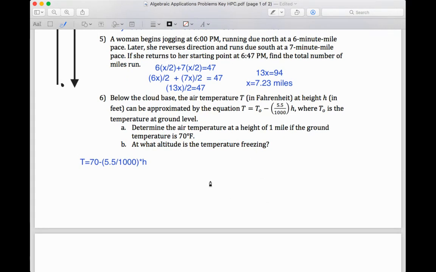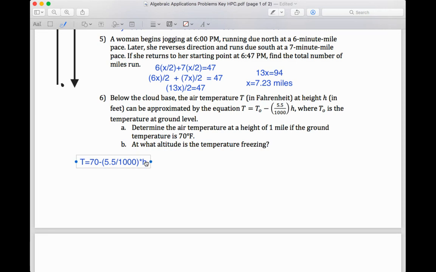Problem number 6 gave us an equation for calculating the air temperature given certain information like the ground temperature and the altitude. So part A is telling us to determine the air temperature T at a height of 1 mile if the ground temperature is 70. So what I did is I took that equation it gave us and I put in 70 for the ground temperature because that's not going to change.